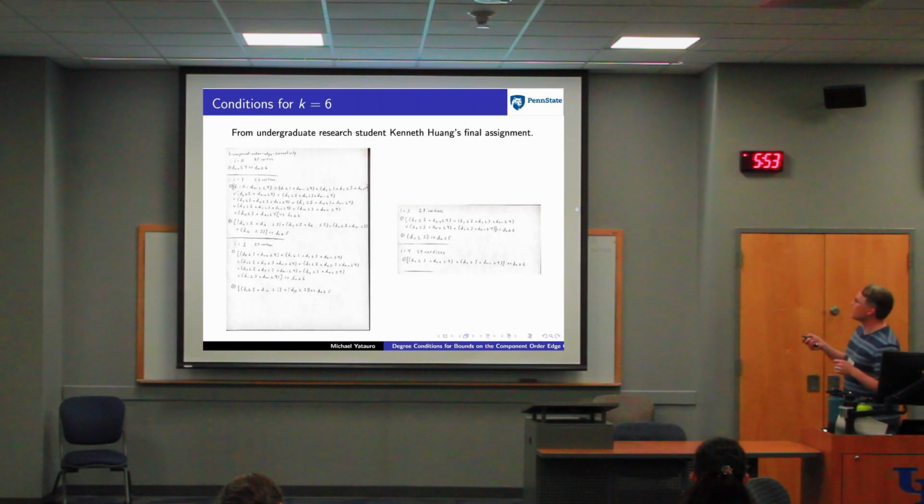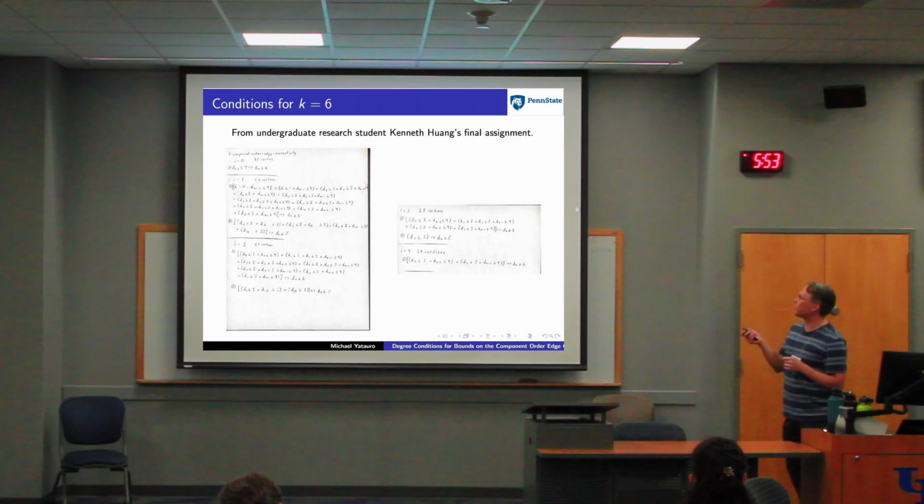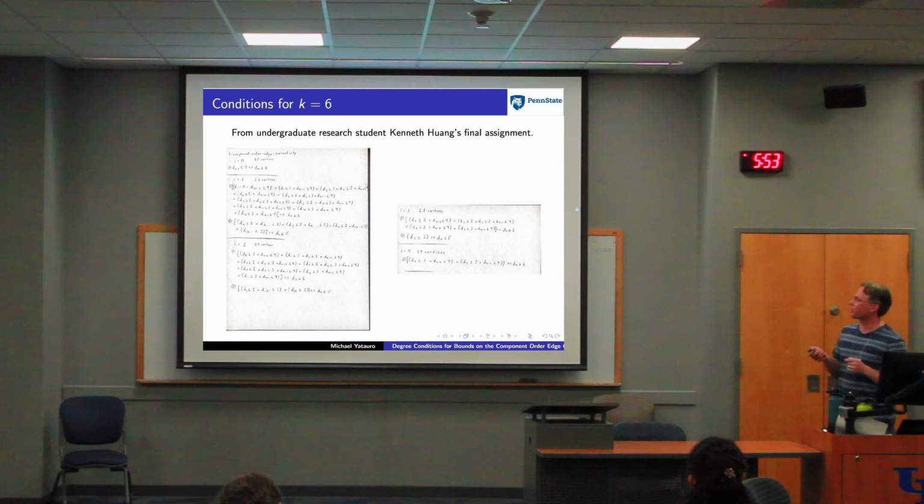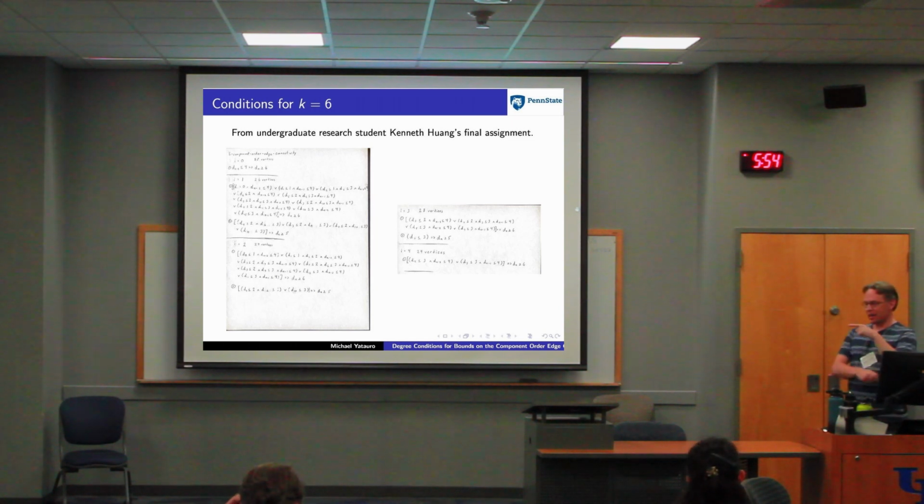And this was my undergraduate research student for spring 2023, Kenneth Wang. He was a computer science major. I had him write a program that found all of the degree sequences when you had the edge added in, and found the ones that were not maximal, the ones that got majorized by something else.